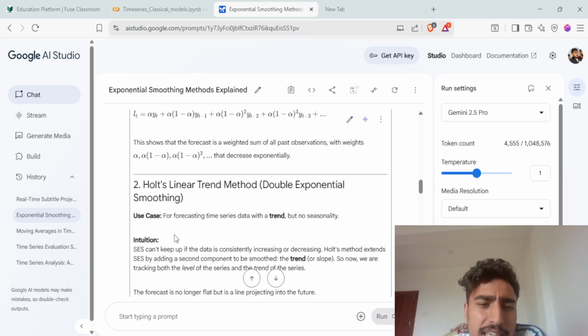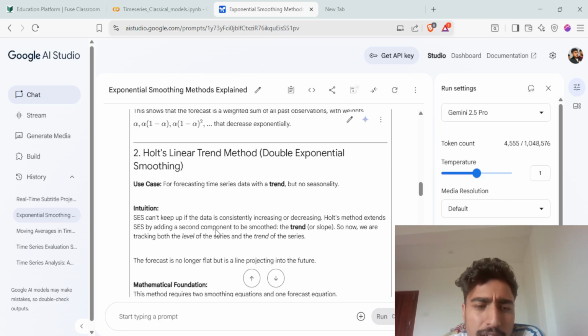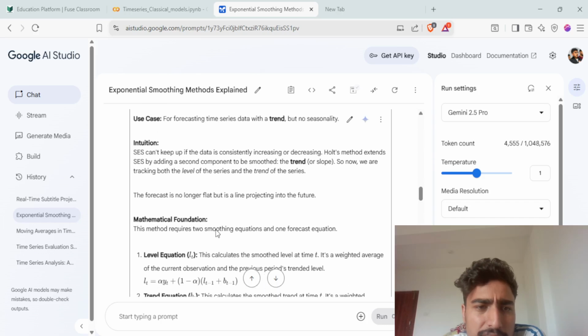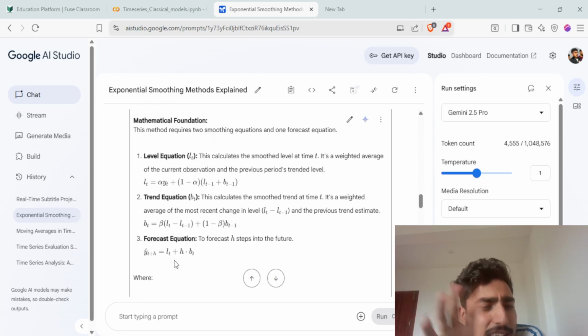In the use case line it is mentioned that it won't work with seasonality but works on trend, and we call it double exponential smoothing. Why? I think we have two equations for this, or three, let's see. Yeah, we have three, but the forecast equation is normally the final combined form of the level equation and trend equation.